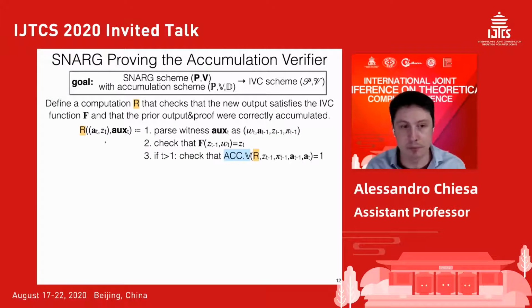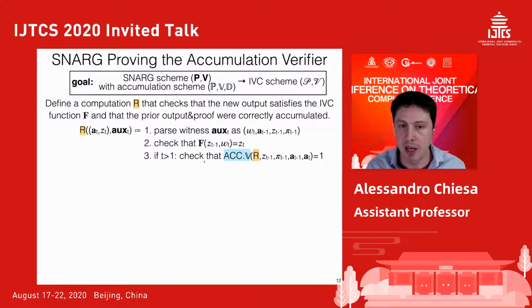So how does it look? Notice that before, as input to the recursive circuit R, we had just the next output ZT, but now we also have the next accumulator. And inside the auxiliary input, we find the local witness like before, the prior input and the prior proof like before, but we also have the prior accumulator. Now, like before, we do have to check that we have a correct state transition.